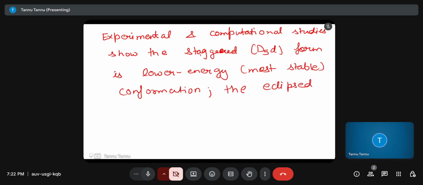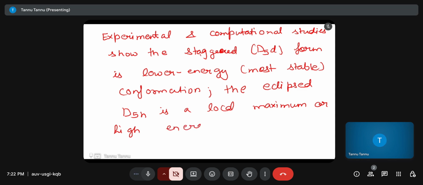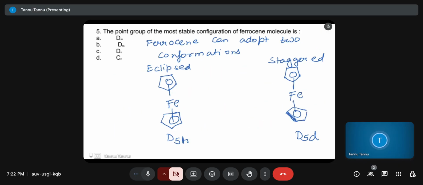The eclipsed D5h is a local maximum or high energy conformation. So your D5d conformation is the most stable conformation of the ferrocene molecule.